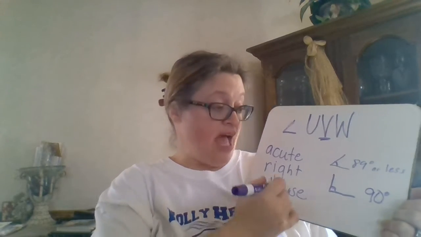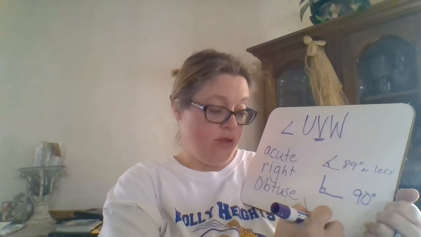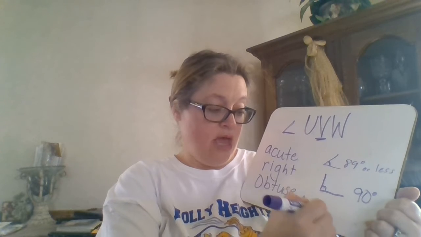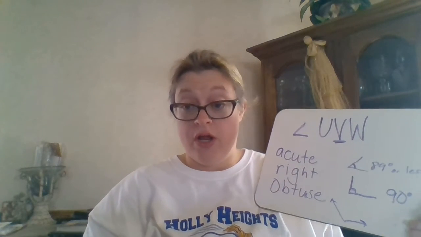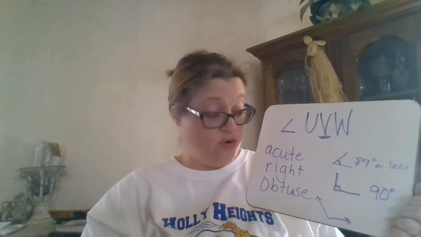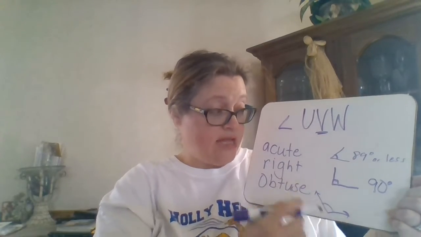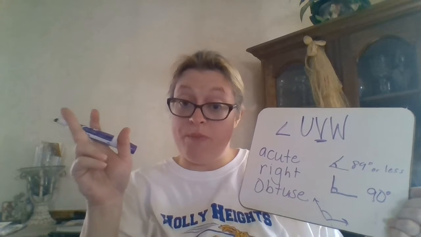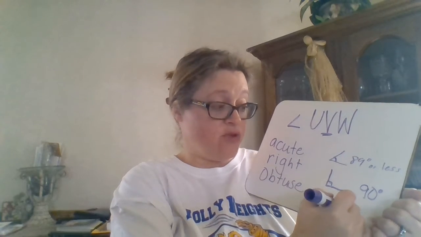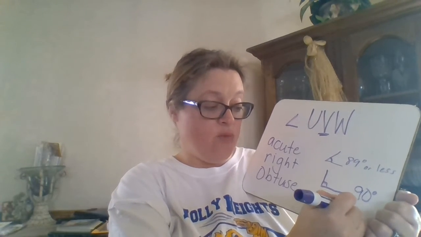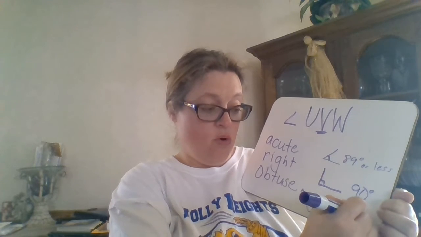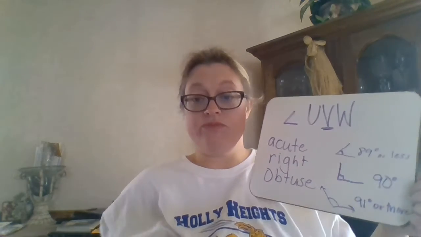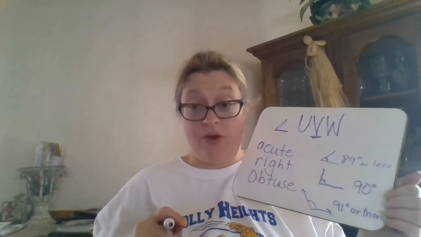So on the opposite end of that, an obtuse angle is going to be larger than a right angle, larger than 90 degrees. You can see here, it's got a much bigger V or a bigger opening in the angle, okay? So this one is going to be 91 degrees or more. Those are your three angles.